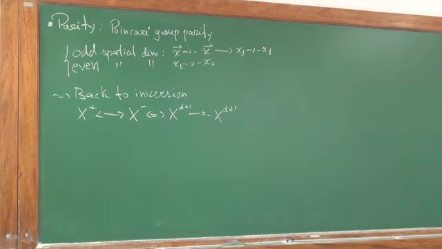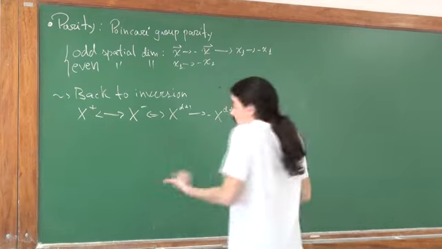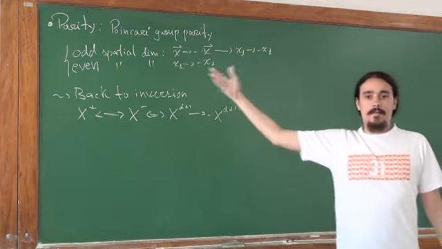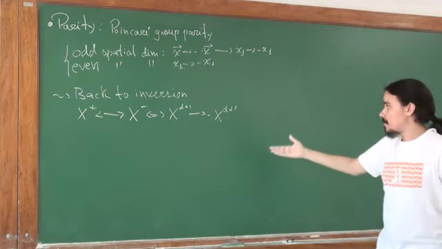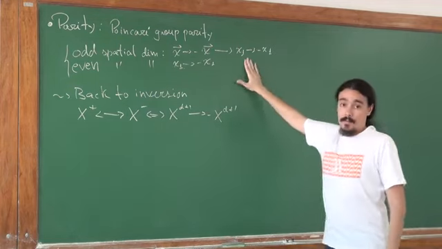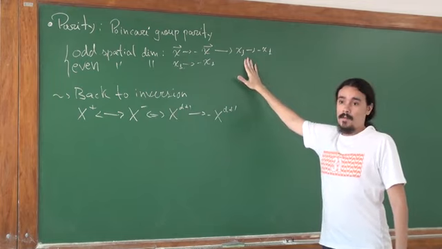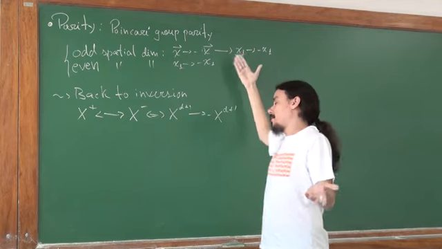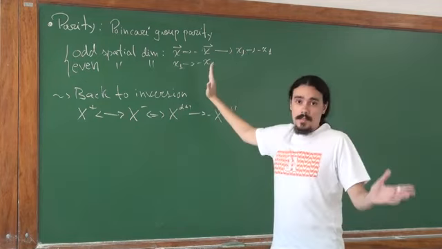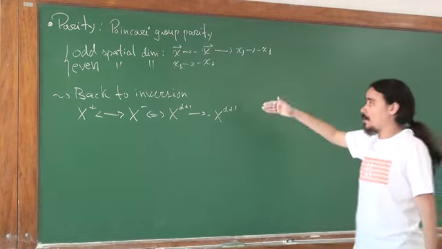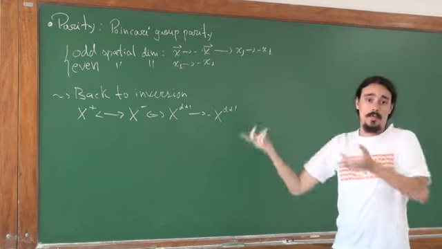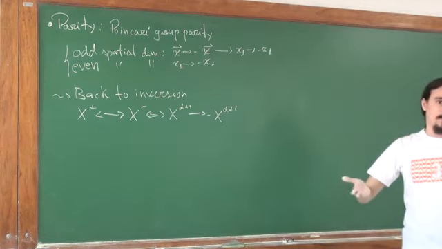So it doesn't matter if the embedded space has even or odd dimensional space. This is a kind of parity transformation. If you have even dimensional space, then this is exactly parity, and if it has odd spatial dimensions, then you can just do a rotation to get what you actually call parity.